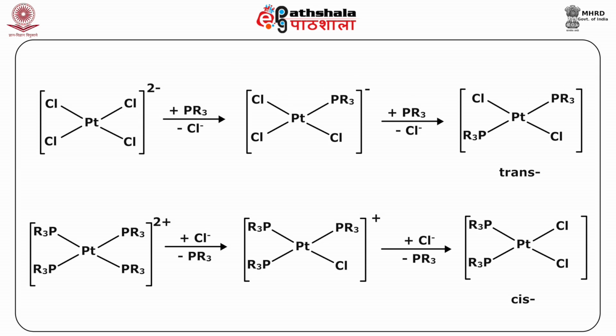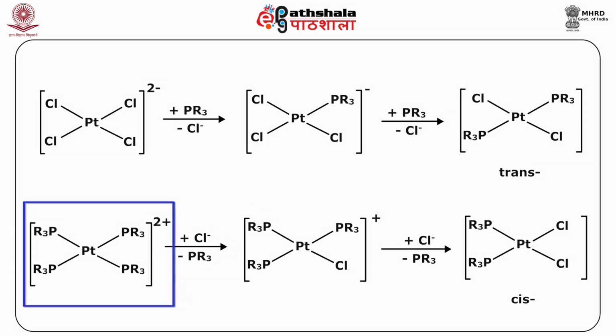Now another molecule of PR3 reacted with this complex will form the trans product, because now the trans directing power of PR3 is greater than Cl. So the Cl trans to PR3 will be dissociated, and the incoming second molecule of PR3 will join the platinum complex trans to PR3.